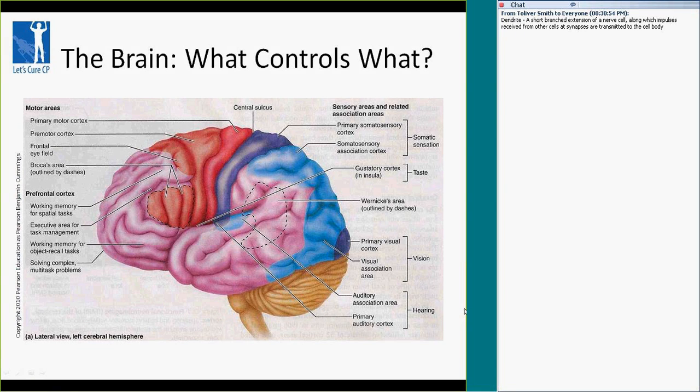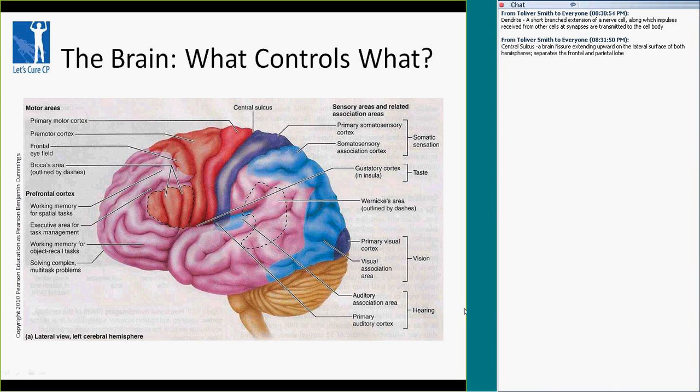And now this is, of course, the brain. I just wanted to point out the quick areas of interest here with CP. CP is a motor disorder. So if you look at the top center of the photo, you've got the central sulcus there. That's a groove that everybody has that's easily identifiable if you look at the brain. Directly in front of that, we have the primary motor cortex. That's where, if you follow the path, the muscles are wired to directly. In front of that is the premotor cortex, which is where the higher function processing of motor impulse will go.